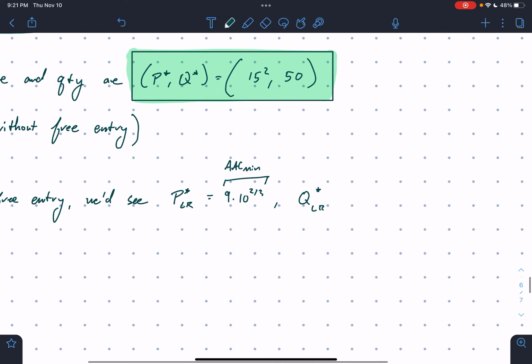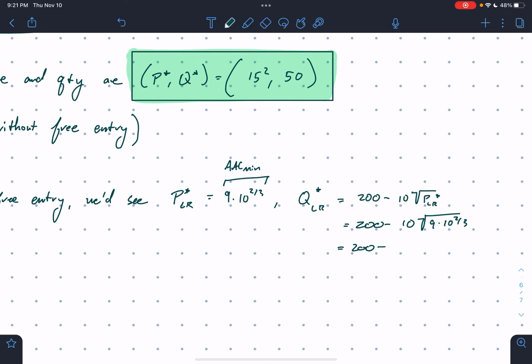And quantity would be equal to the demand at the AAC min. So it was 200 minus 10 root P long run star. So it'd be 200 minus 10 times the square root of 9 times 10 to the 2/3. This is 200 minus 10 times 3 times 10 to the 1/3.